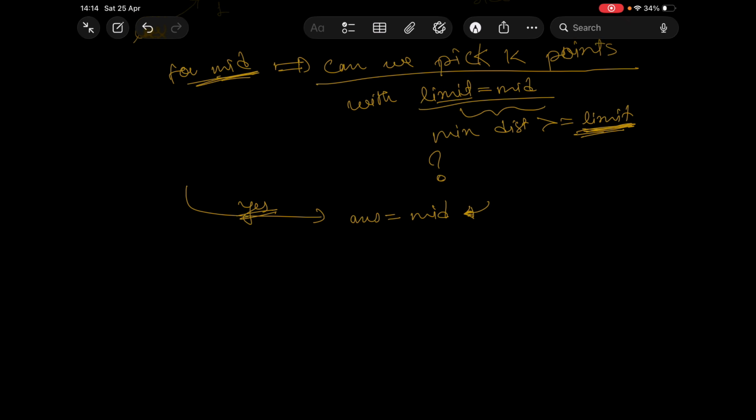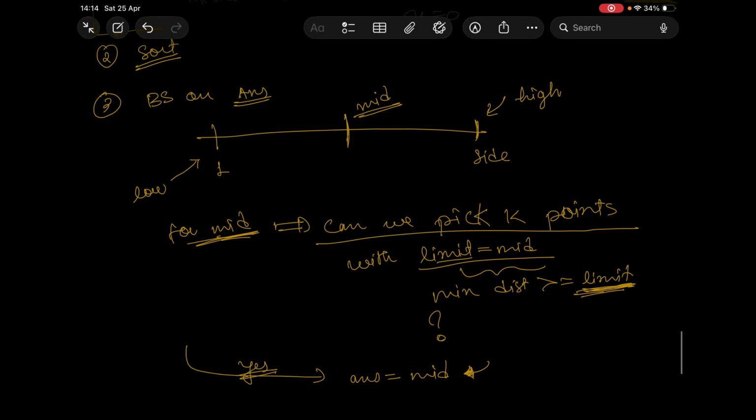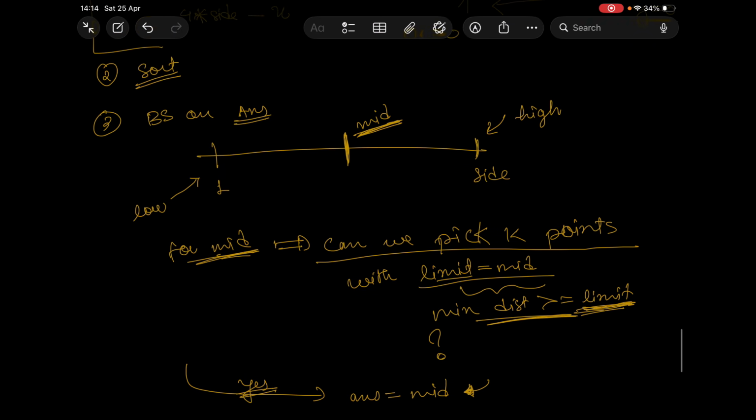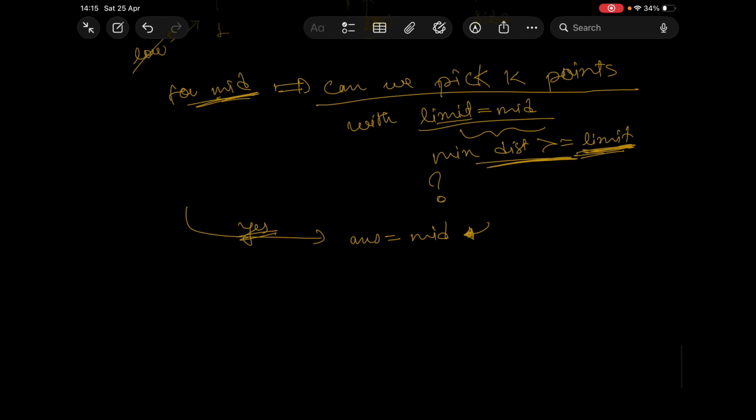If I cannot pick, then in this range, if we take this as a limit, we were not able to pick. And why were we not able to pick? Because this condition was not met. Distance was not greater than or equal to the limit. So in case we were able to pick, we want the maximum answer, so we will try maximizing it, which means we will move our low to mid plus 1.